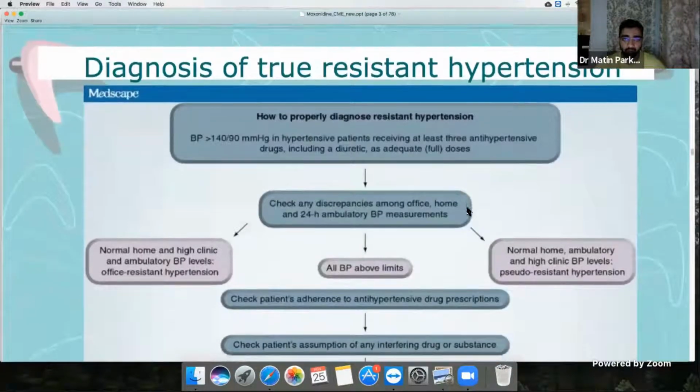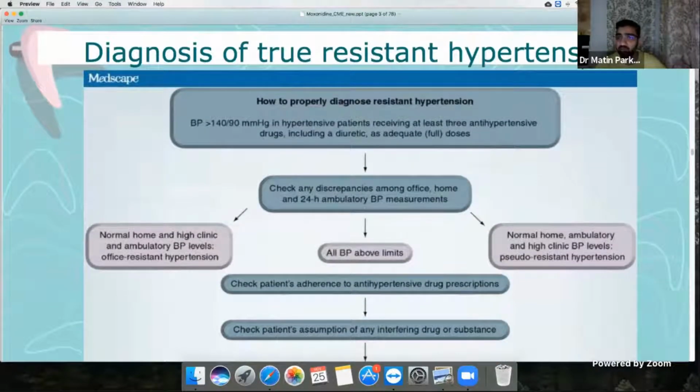So the main question remains: how do you diagnose resistant hypertension? Now, if you have a patient coming to you whose blood pressure is more than 140 by 90 millimeters of mercury, continuously you're checking, you have to then do 24 hours ambulatory BP monitoring.